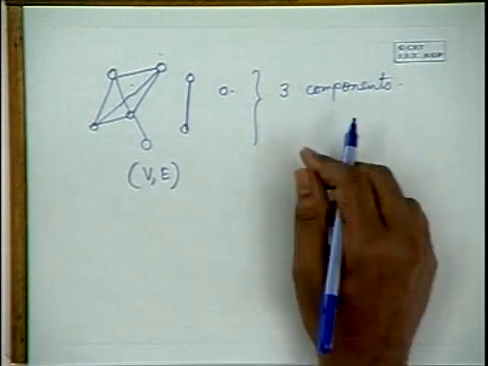Now given a graph, how many components are there in the graph? It's a very basic structural property. How can you determine how many components there are? We can run our DFS algorithm on the graph.